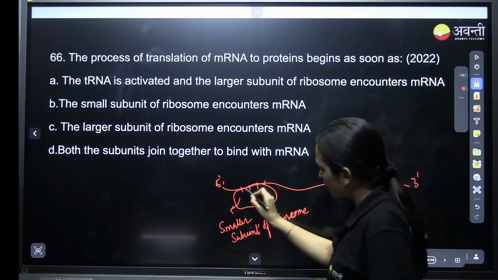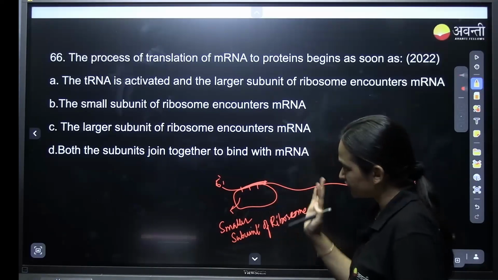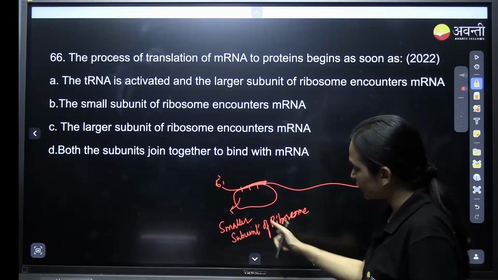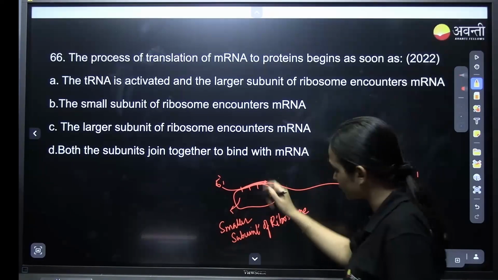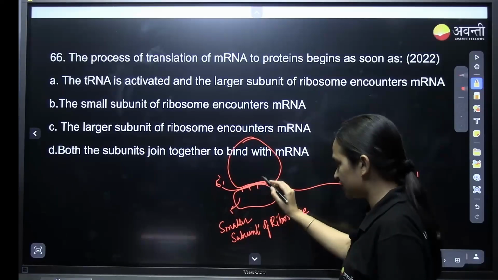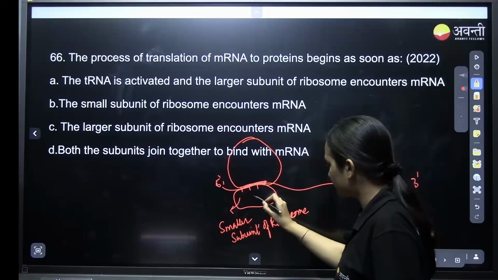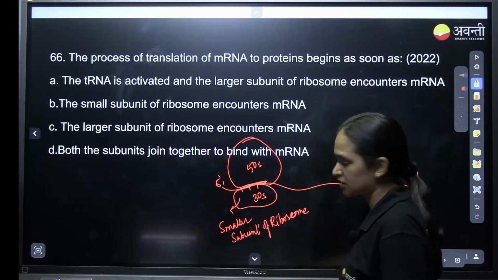Then comes the larger subunit. In prokaryotes, the 30S subunit comes first, then comes the 50S.